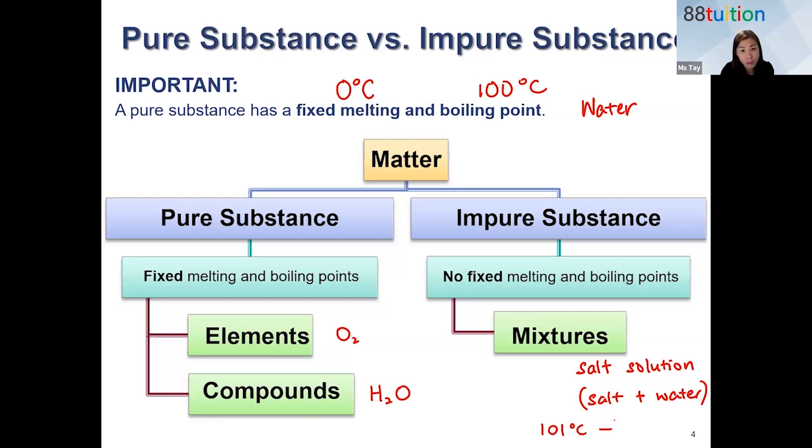It can go towards a range. As I keep boiling it, the temperature seems to be increasing, and then it will probably stop at maybe 104, 105 degrees Celsius. The boiling starts at 101, you see a lot of bubbling taking place, but it continues bubbling and the temperature is still rising up to a certain point. So we can say mixtures boil over a range of temperature.